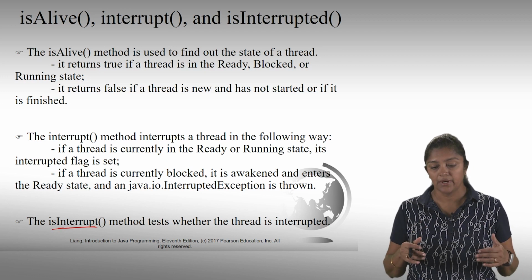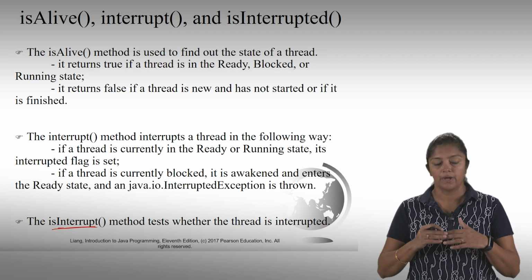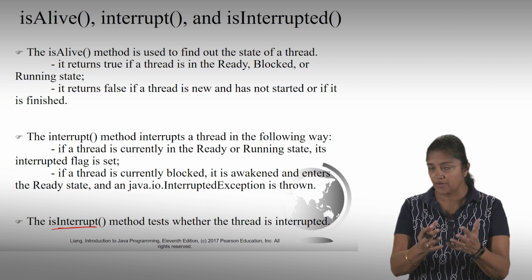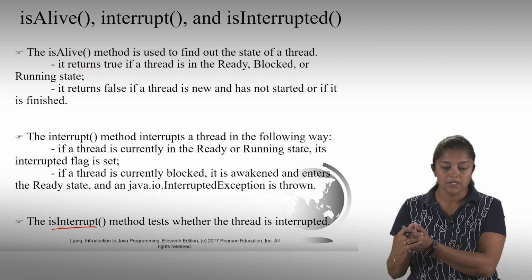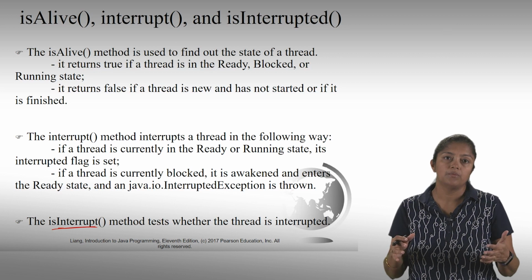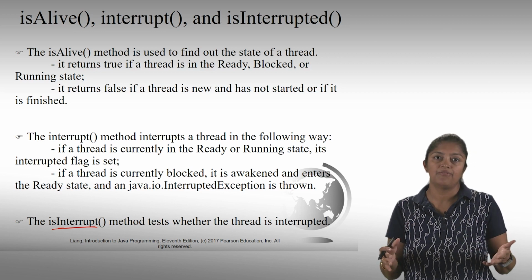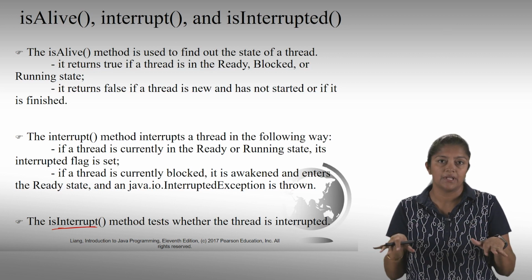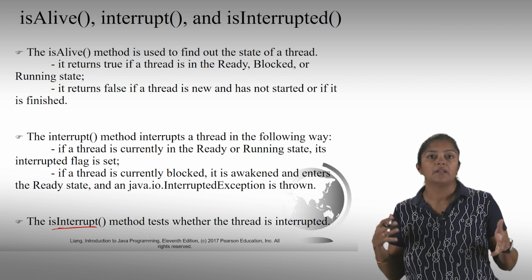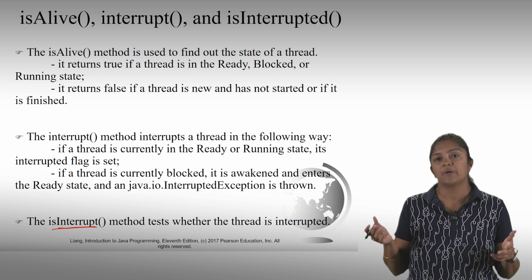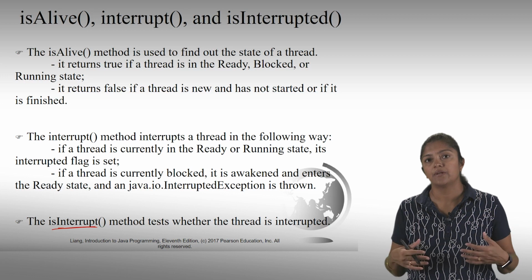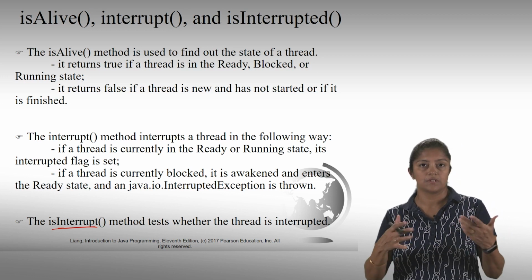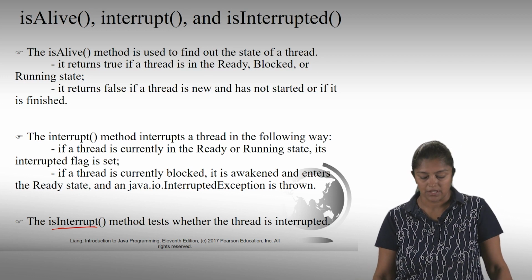And then the interrupt method is a way to, if there's a thread in a ready state or in a running state, set the interrupted flag to true, which means the thread will then get blocked and wait till that flag is released. So basically it's like a toggle. It's a way to set that flag to true or false depending on which state it is in currently.